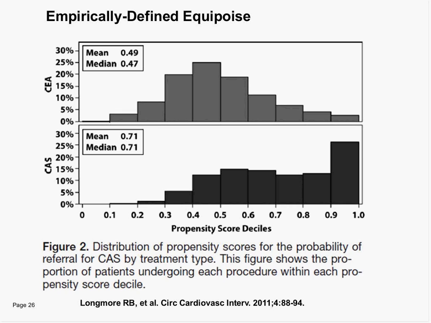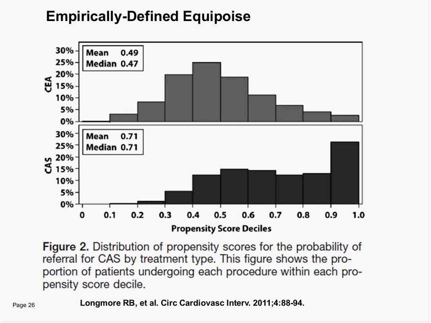And you see there was fairly high discrimination. The C statistic here was 0.78, so pretty much in the range which is common in propensity score analyses. And there's a fairly substantial overlap in these two treatments, except for the very highest decile of the propensity score.